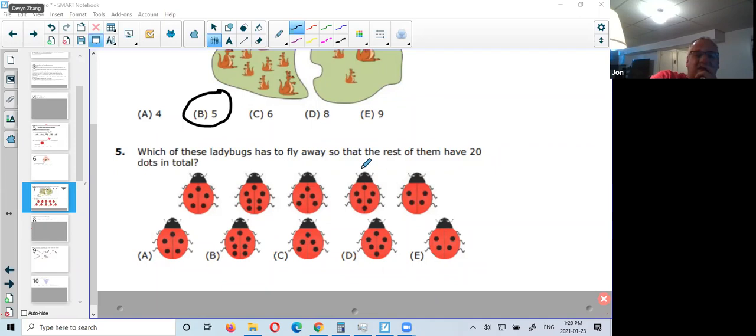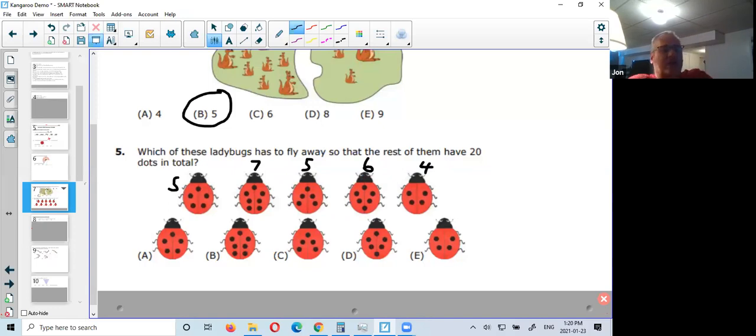The second first one. So this one only has 5. And then the one beside it. Yeah. This one has 7. Wait. This one has 5. This one has 6. And this one has 4.